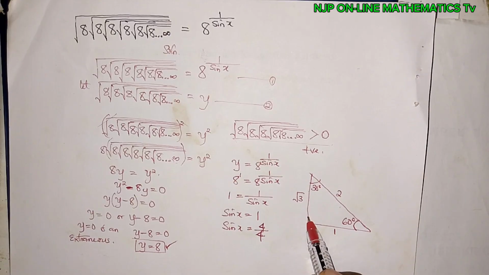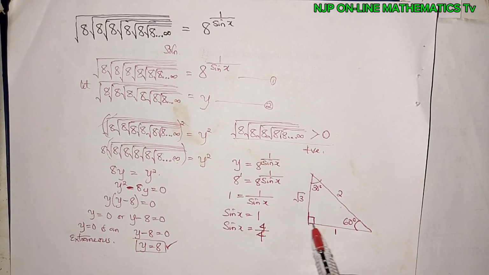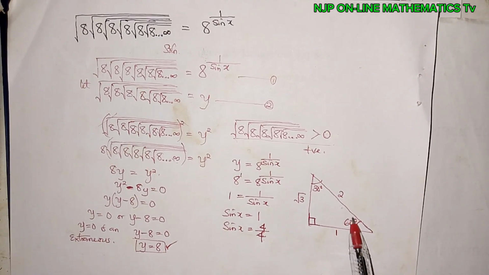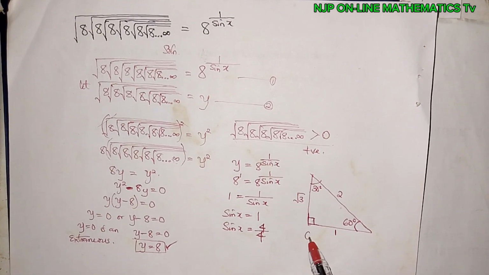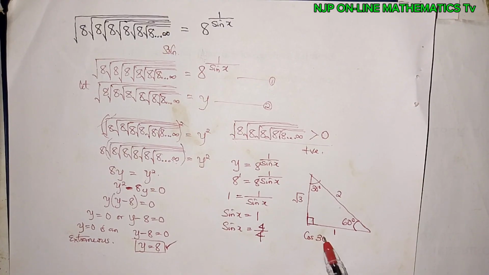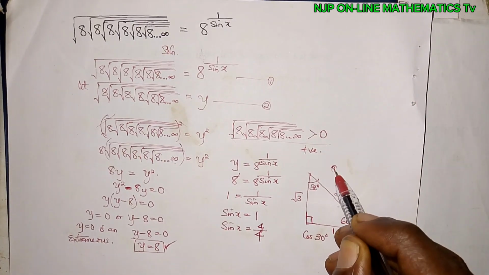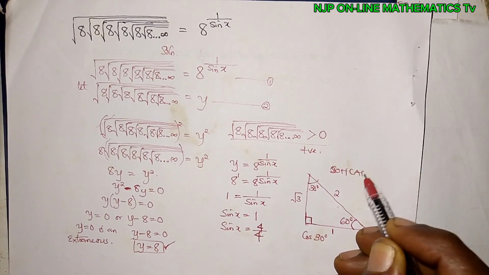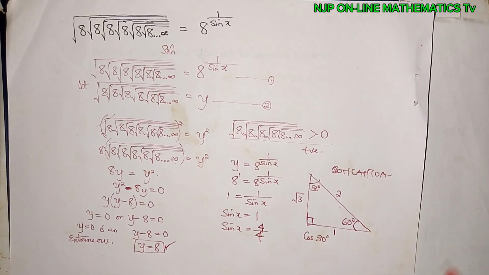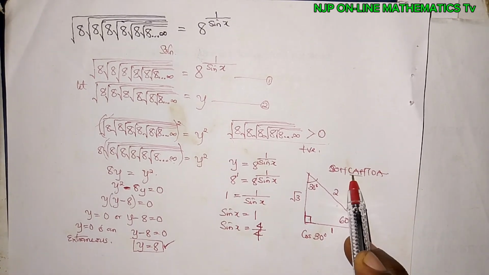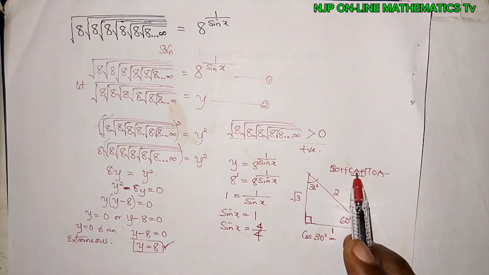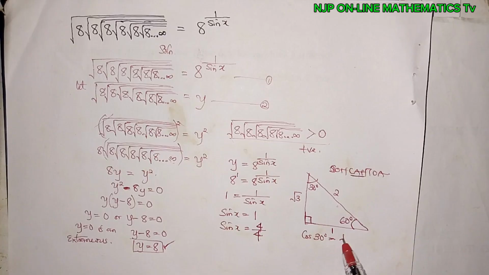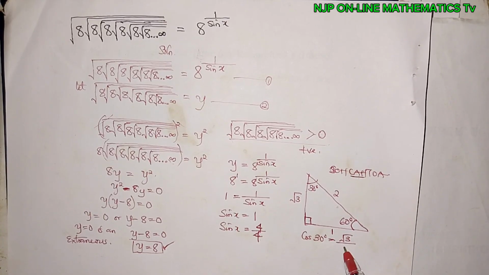For a right angle triangle with 30 degrees, 60 degrees and 90 degrees, using SOHCAHTOA, cos 30 degrees is adjacent over hypotenuse, that is root 3 divided by 2.